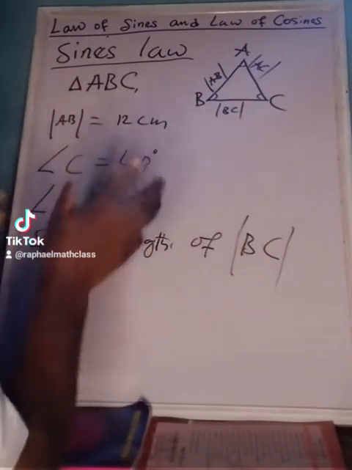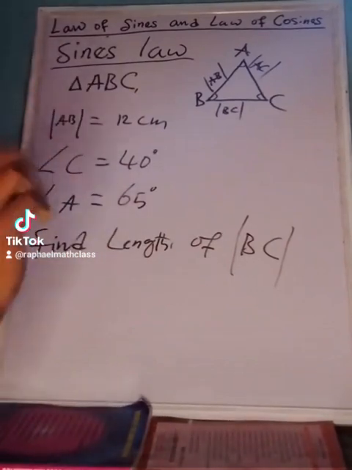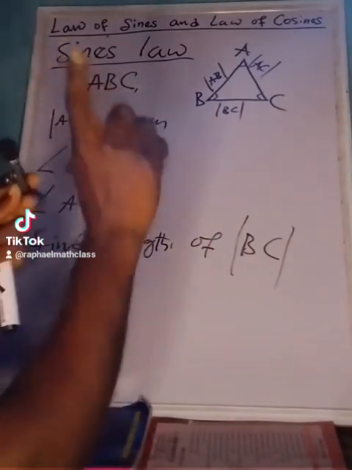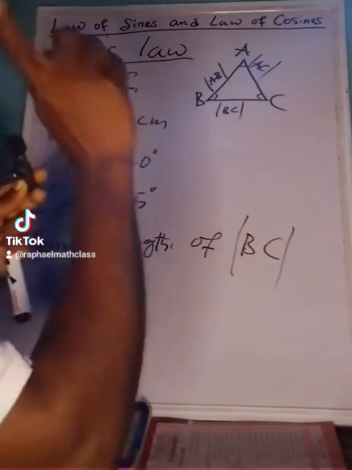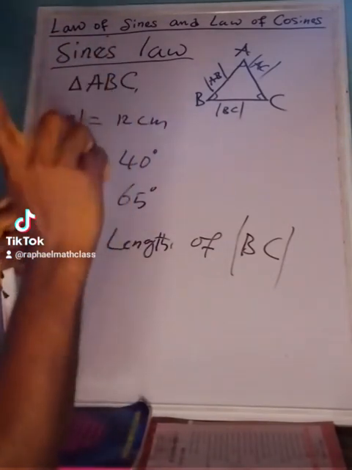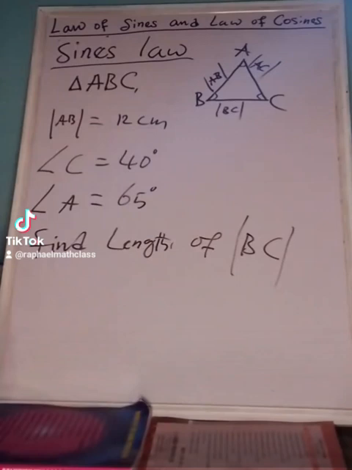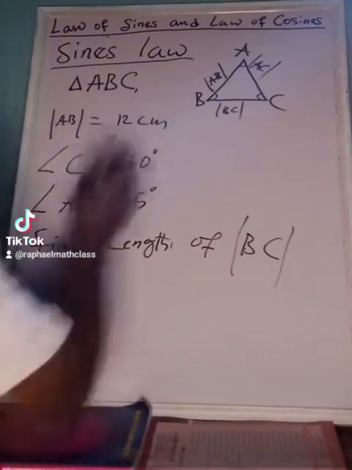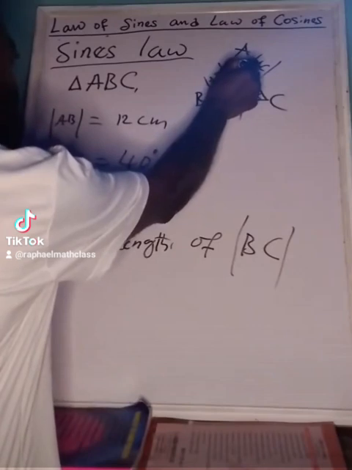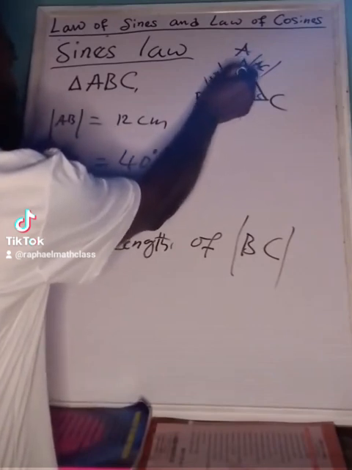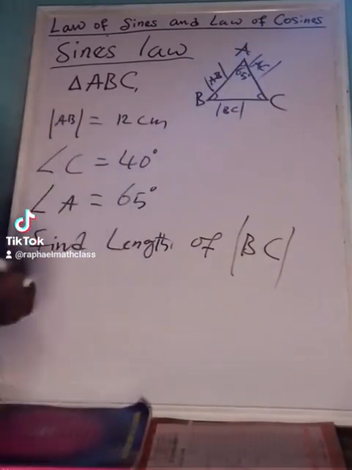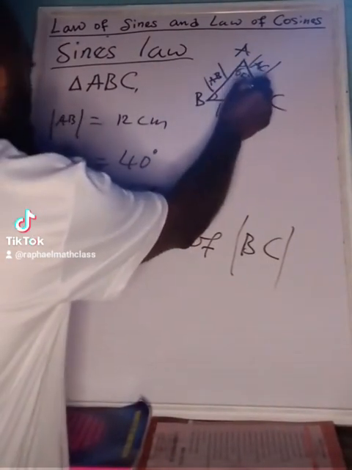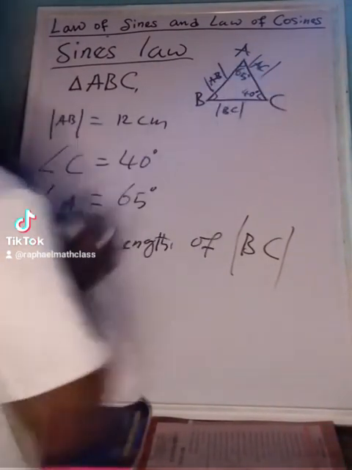Now, I told you earlier, before you can apply sine law, one angle must be given and the side facing it must be given. Look at what we have here. Our angle A is given to be 65 degree. Angle C is given to be 40 degree also.